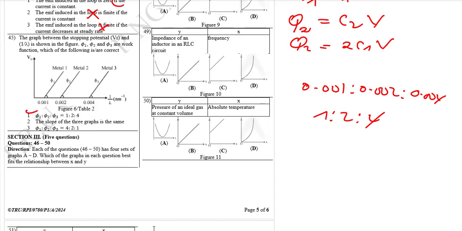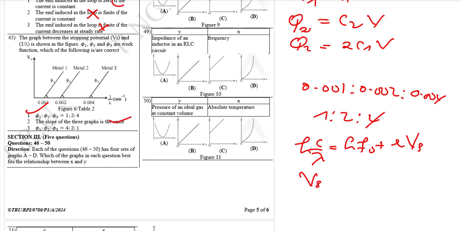So 1 is correct. The slopes of these graphs are the same. Correct. From the equation, hf equals hc on lambda, which equals hf naught plus KE max, which is e times the stopping potential.